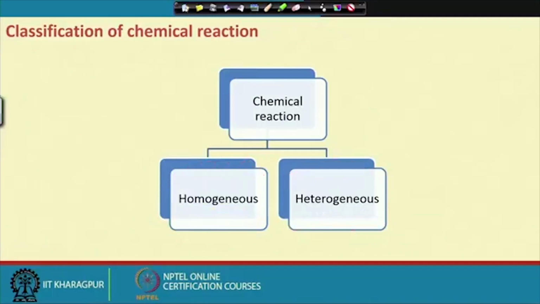In a heterogeneous system, one phase has to come in contact with the other phase, and only then does the reaction take place, and after the reaction is over, the product has to diffuse from that phase to the other phase. So, that diffusion problem is an additional problem that we have in the case of a heterogeneous system.